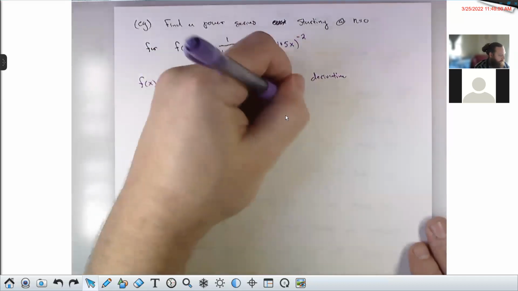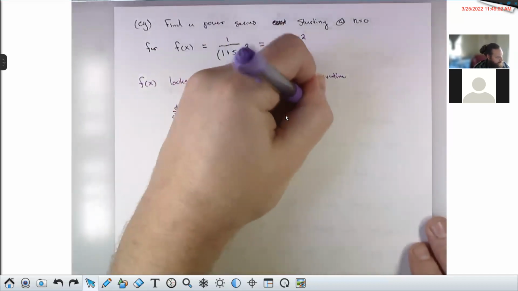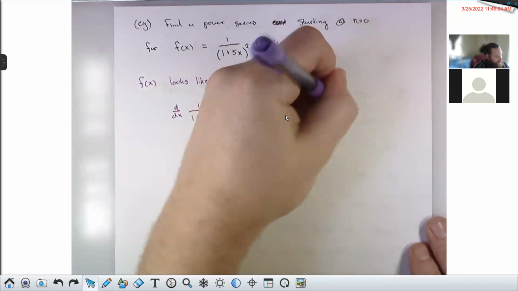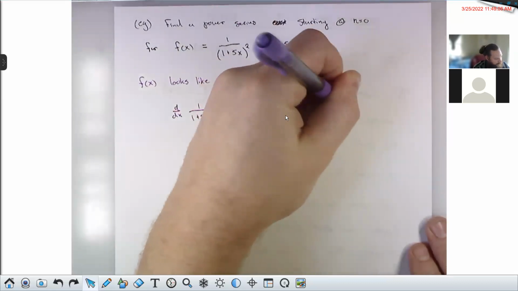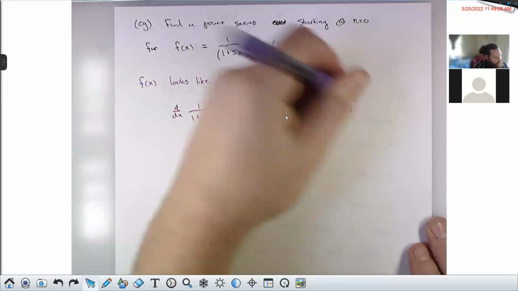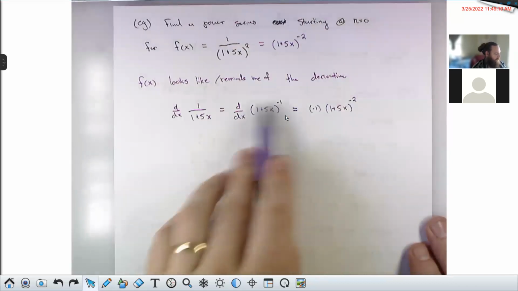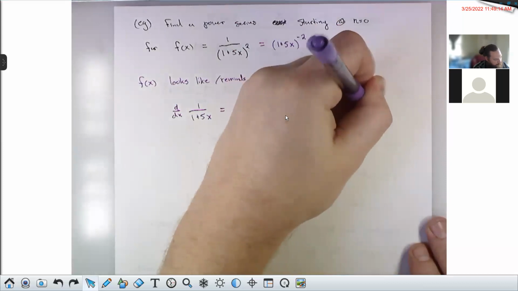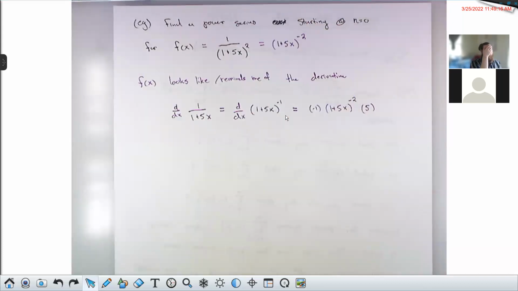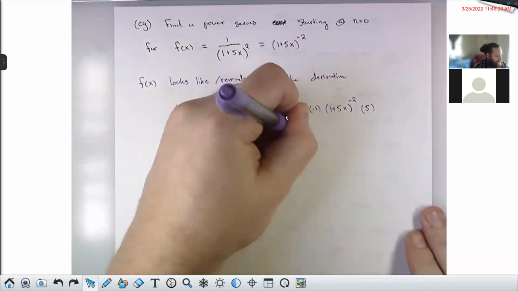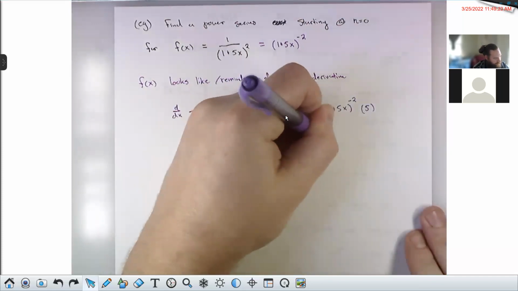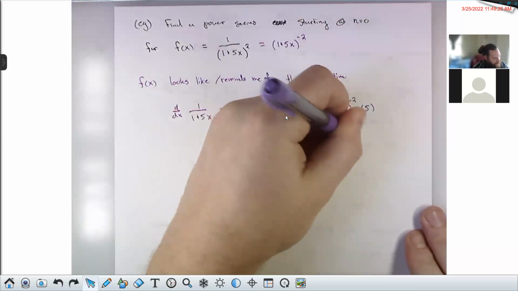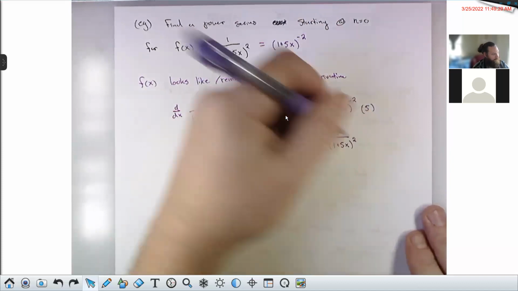So what is this derivative? If I actually take it, I get negative 1 times 1 plus 5x to the negative 2. It's differentiating the outside, right? Bring down the power, subtract 1 from the power. And then I have to multiply by the derivative of the inside, which is 5. So this is negative 5 times 1 over 1 plus 5x all squared.